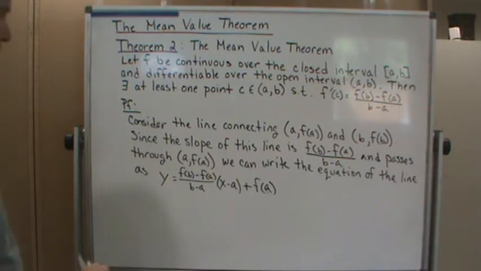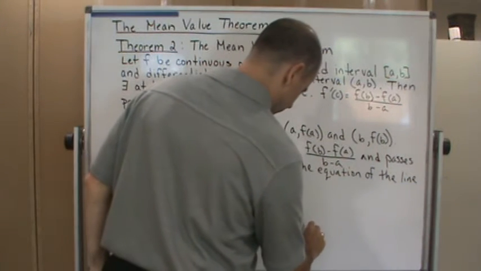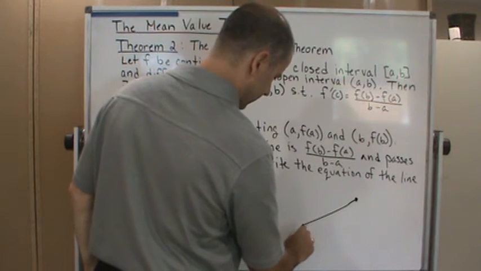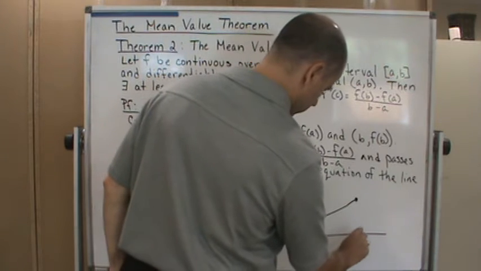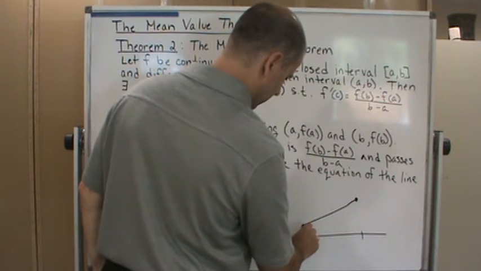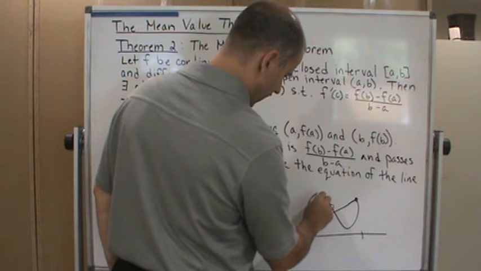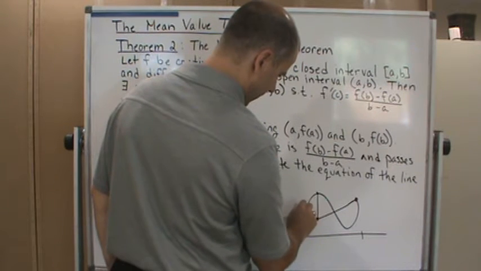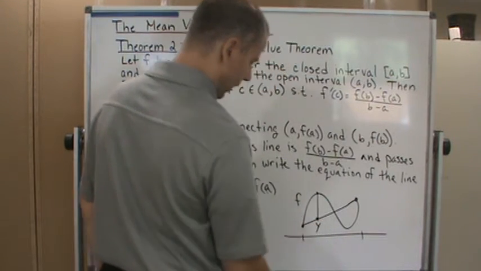So if we have the line that connects a and b, and we have another curve that does something like that, we want a function that represents the vertical distance between the point on f and the point on y.